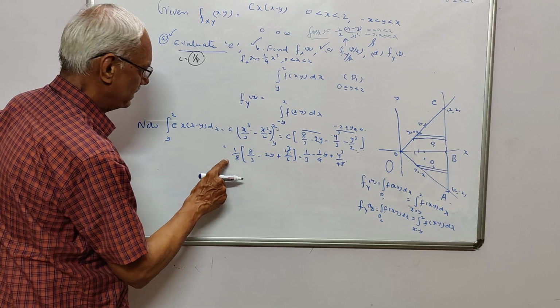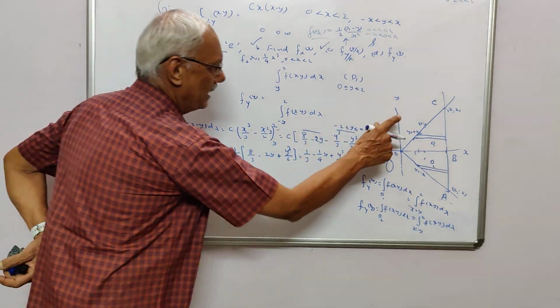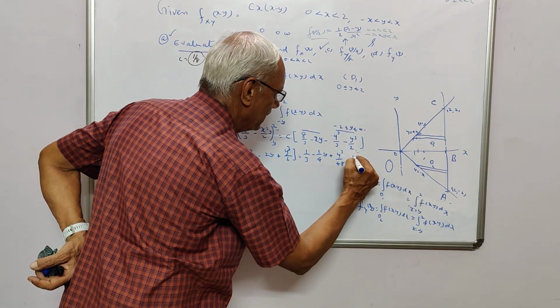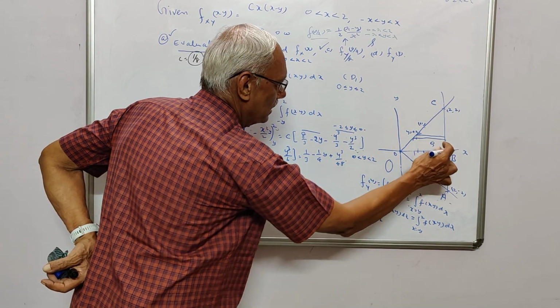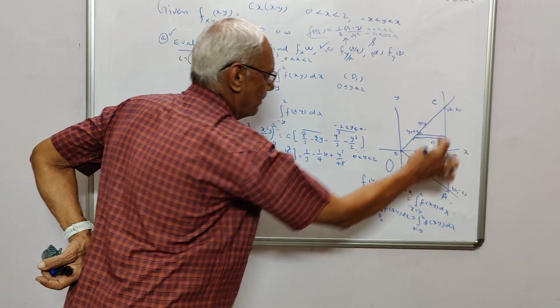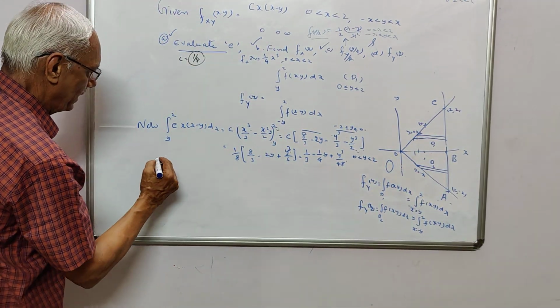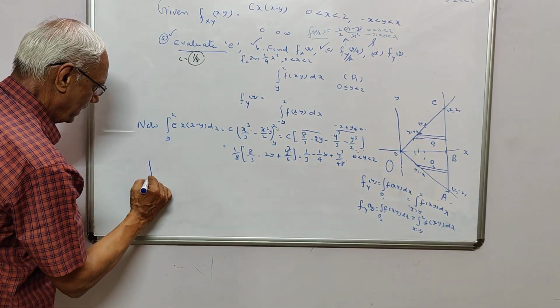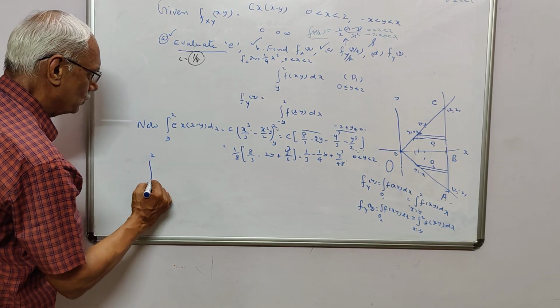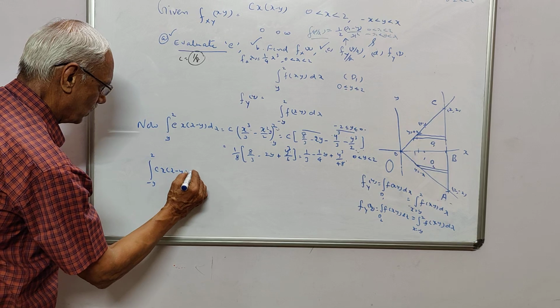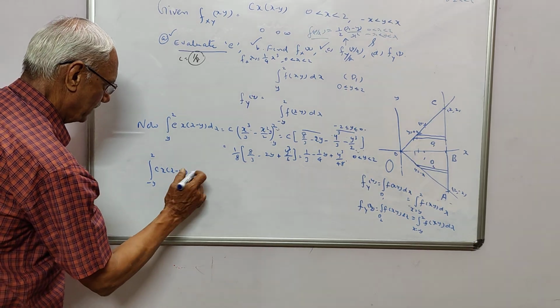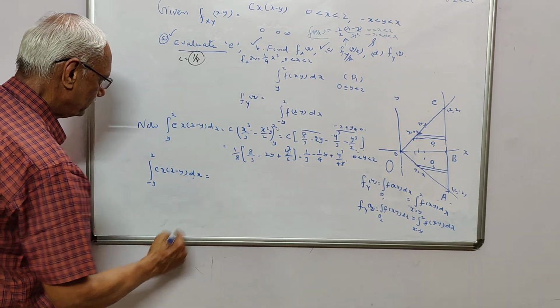In which interval is it? This is happening in the interval 0 less than y less than 2, so in the interval 0 to 2. And now, the other region is x from minus y to 2 of c x into (x minus y) dx.